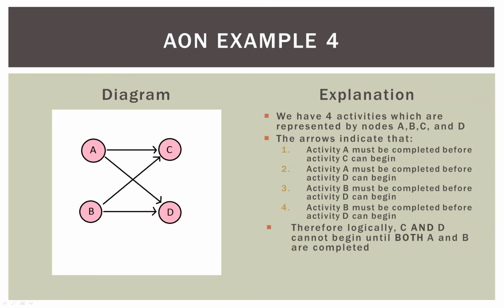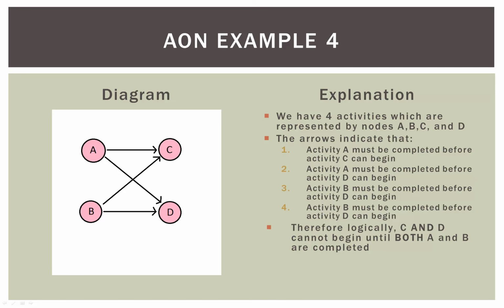So here's example 4. This one's a bit more complex. We have lots of arrows going on here. So now we have A, B, C, and D. So let's go ahead and look at our first one. Activity A must be complete before activity C can begin. So that's the arrow from A to C. Activity A must be completed before activity D can begin.